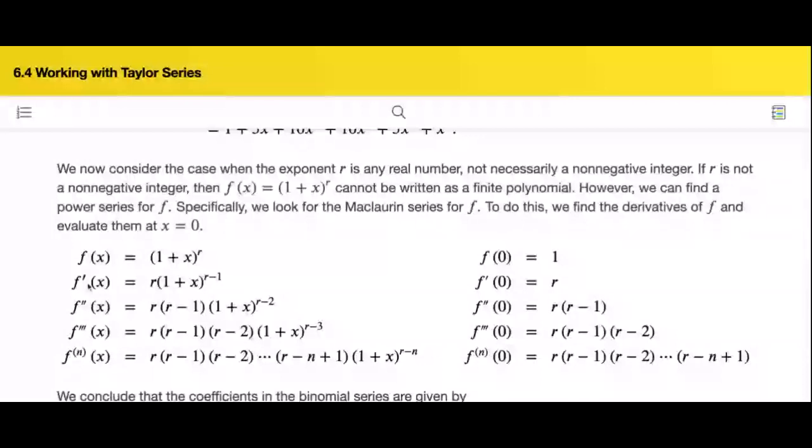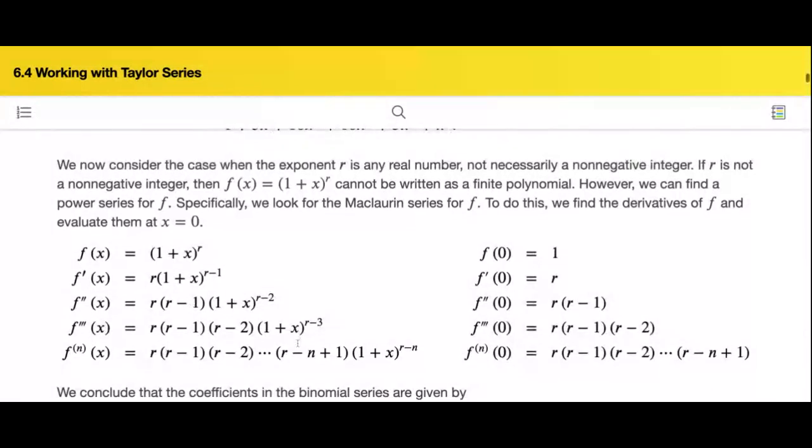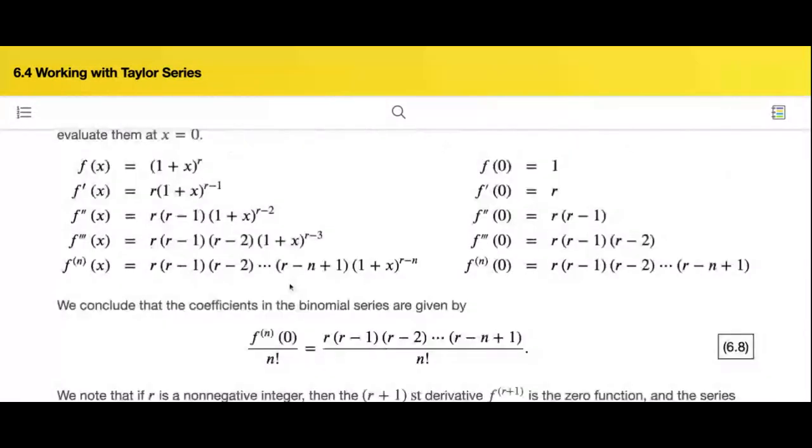So the first derivative will be r times 1 plus x raised to r minus 1. The second derivative will be r times r minus 1 times 1 plus x raised to r minus 2. So on and so forth, right? Up to the nth level, we would have r times r minus 1 times r minus 2 and so on, multiplied by 1 plus x raised to r minus n.